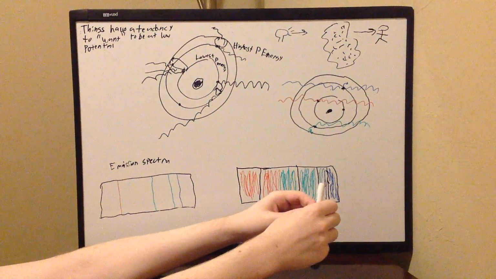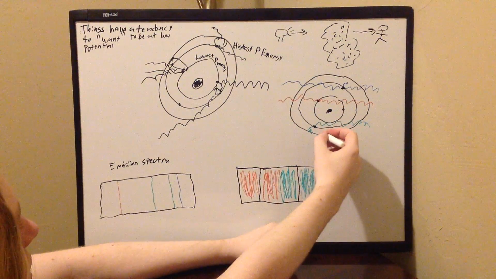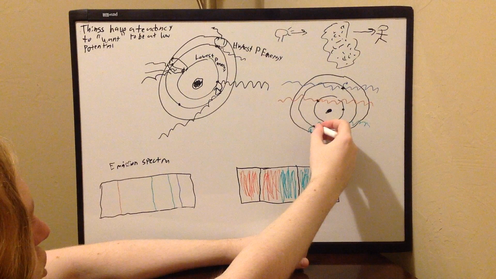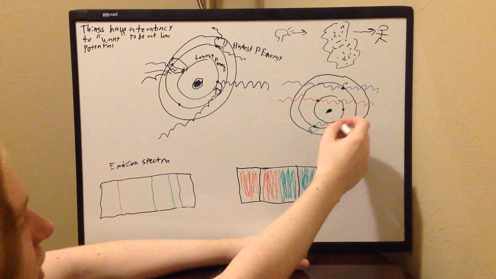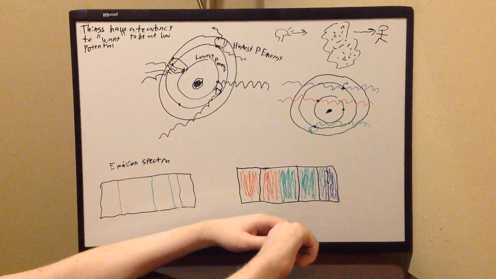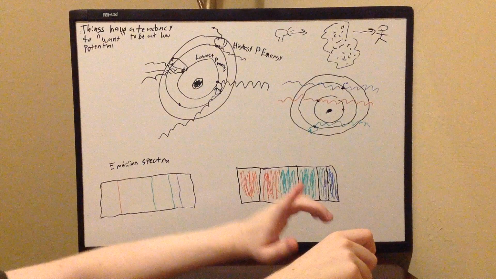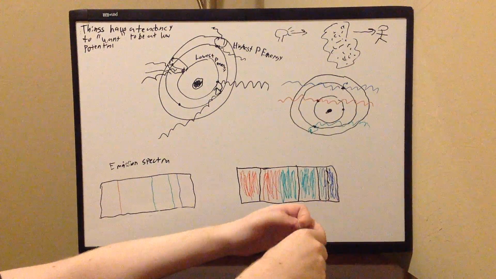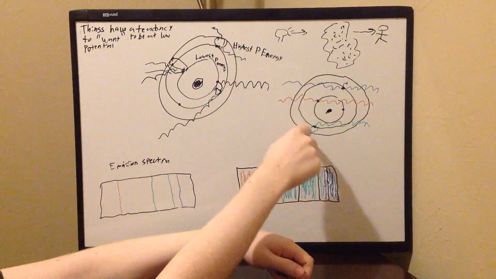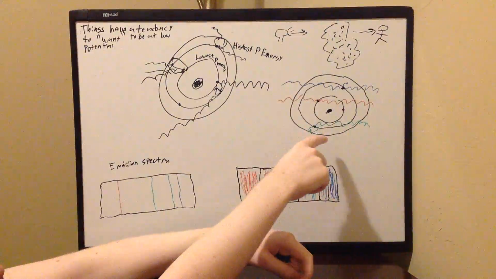Now you might be thinking, but Cooper, didn't you say that when the electron jumps up to a higher state, it's always going to want to jump back down and emit its photon back out in the process to get rid of that energy? And the answer is yes. However, you might think, if it's doing that, then shouldn't these lines get filled back in when that same kind of photon gets emitted when the electron jumps back down?